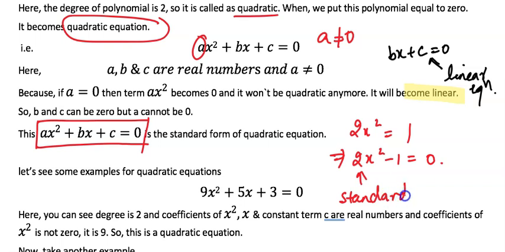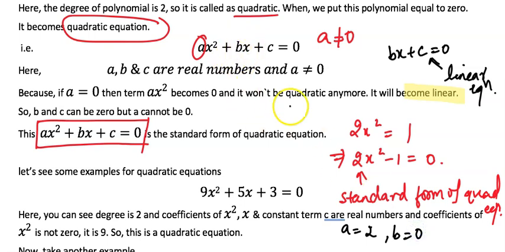If they ask us to calculate the value of a, b and c, from here a is going to be 2 because of 2x square, b is going to be 0, as you can see there is no b over here because there is no variable x, and c is going to be minus 1. So this is one of the examples.